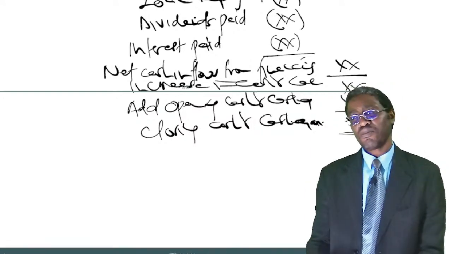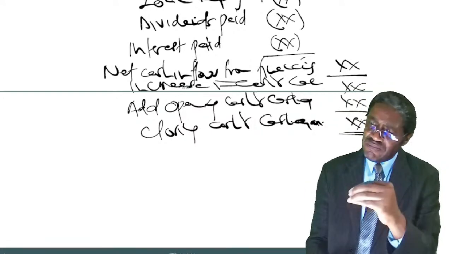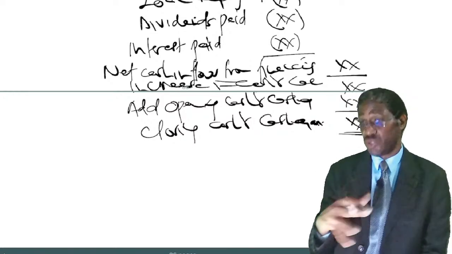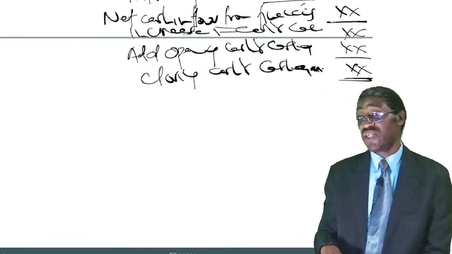Good. So before we look at the minor details, because there are small details which you still need to know, maybe for now, let's put down the general format. So the topic is cash flow statement or statement of cash flow. Put down the topic, statement of cash flow.